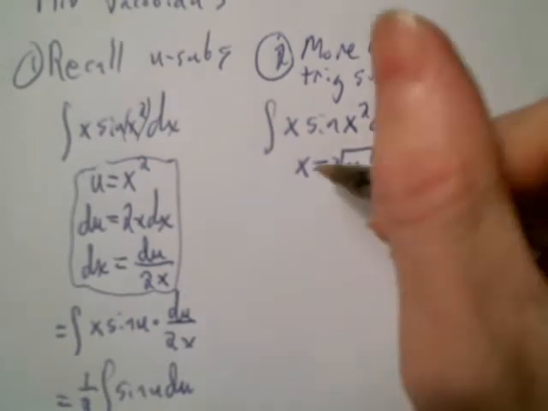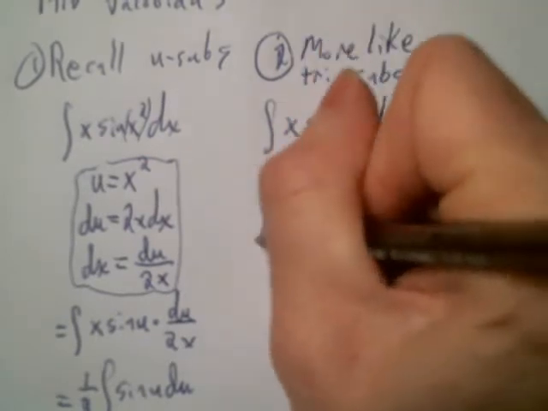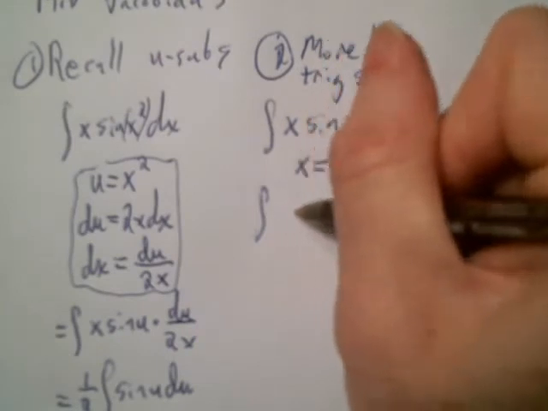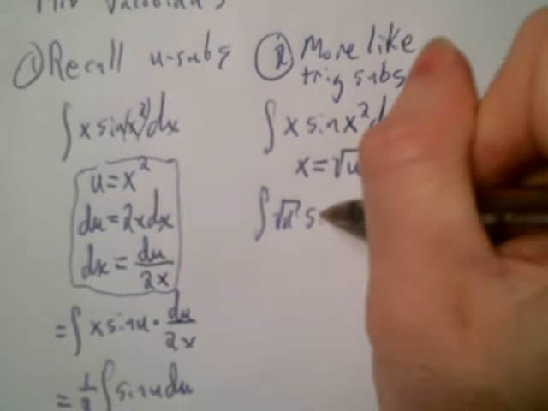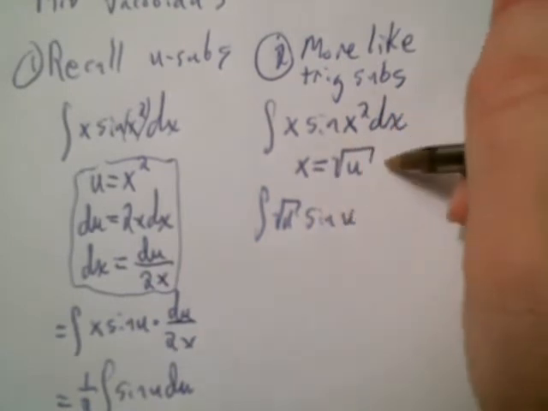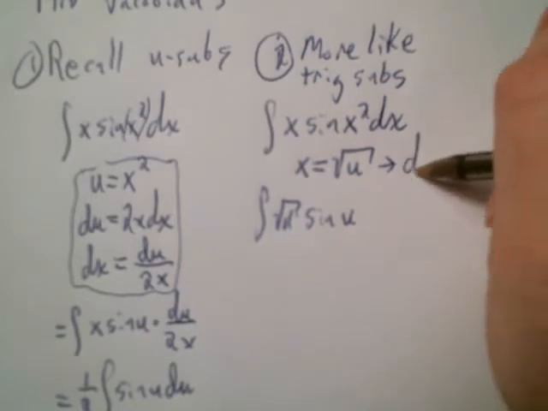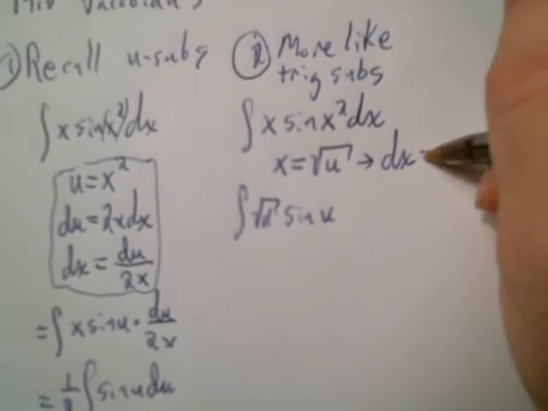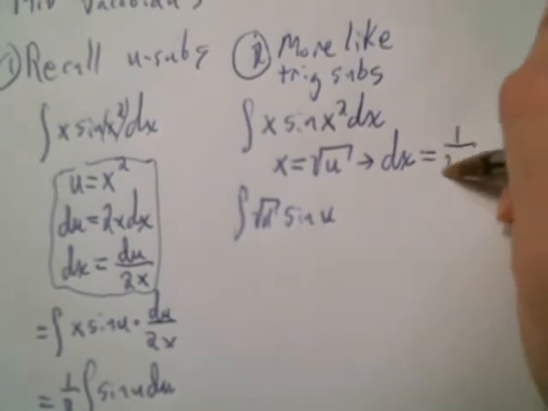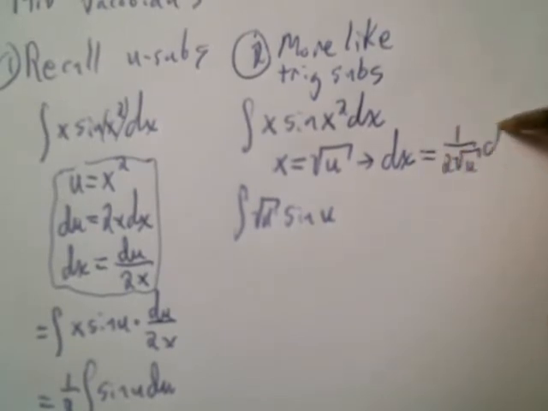So I'm replacing x with square root u everywhere. So I'll have the integral of square root u times sine of u times dx, which is now going to be the differential of this thing. So dx will be 1 all over 2 square root u du.